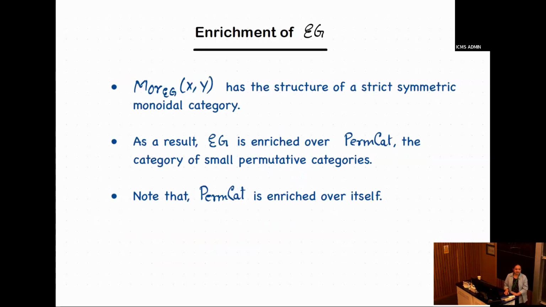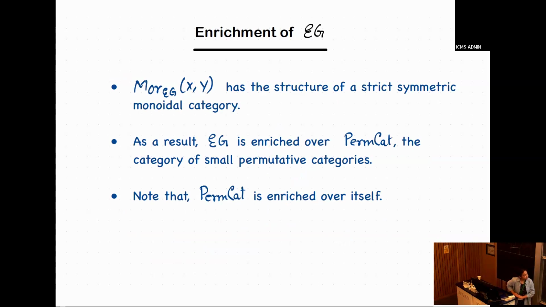That identity element, along with this disjoint union and pullback, gives this morphism set the structure of a strict symmetric monoidal category. As a result, we say EG is enriched over permcat, the category of small permutative categories.